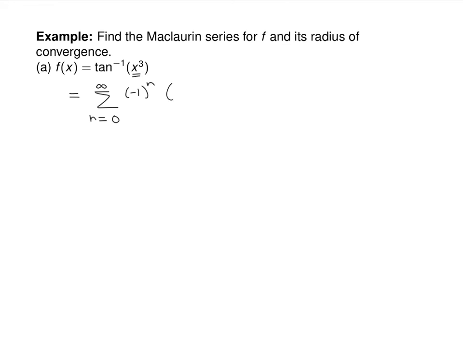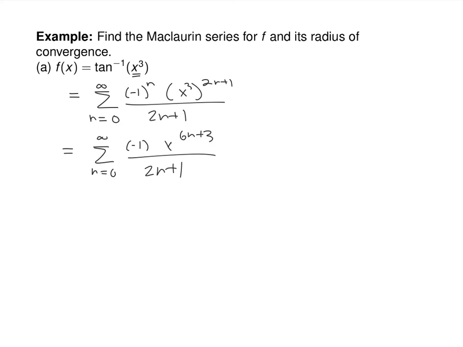Now this would have usually been x, but we're going to put in x cubed instead, to the 2n plus 1 over 2n plus 1. And you just simplify your exponents, at least just to show to me you do actually know what to do with them. That's going to be x to the 6n plus 3 over 2n plus 1. If you found repeated derivatives and input 0, you would get the same pattern, it's just going to be significantly more painful.